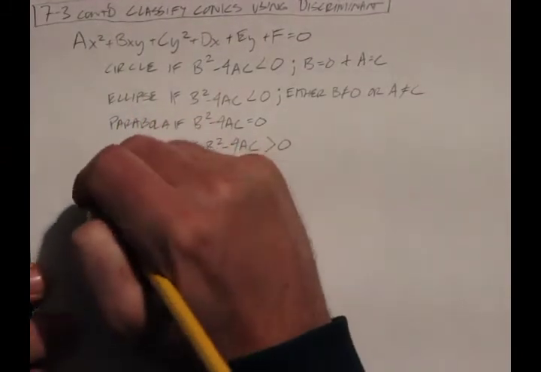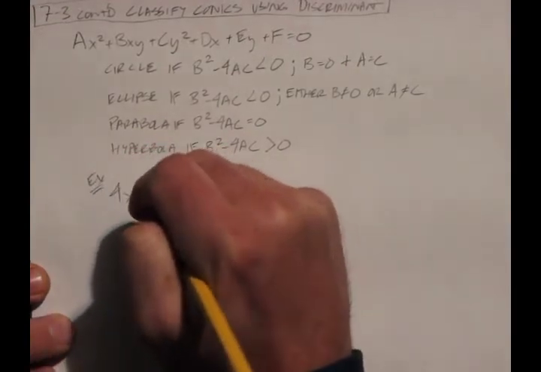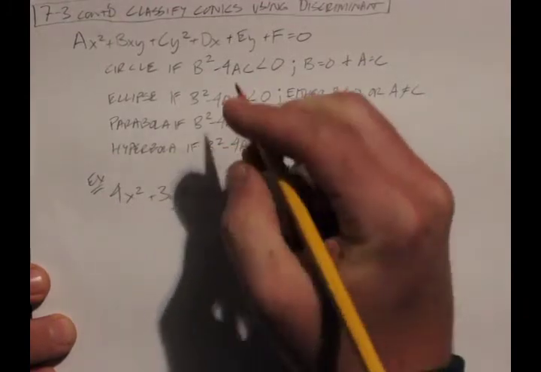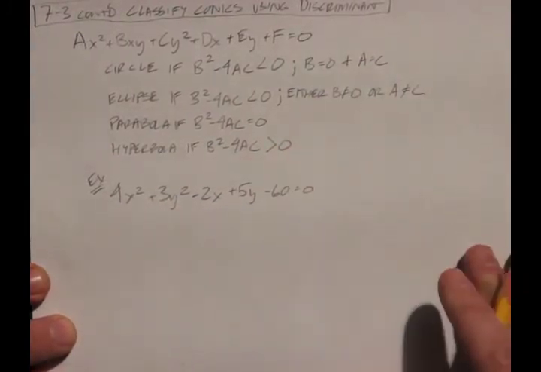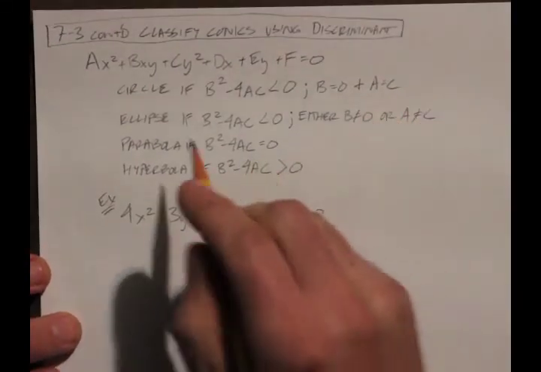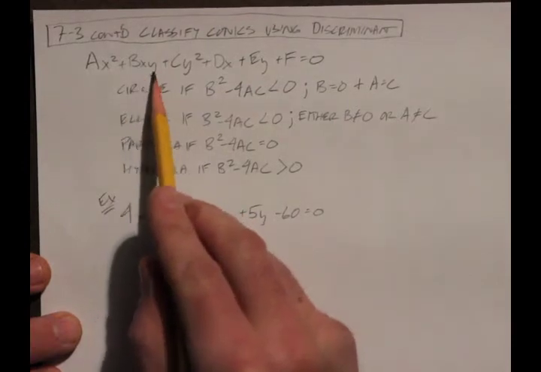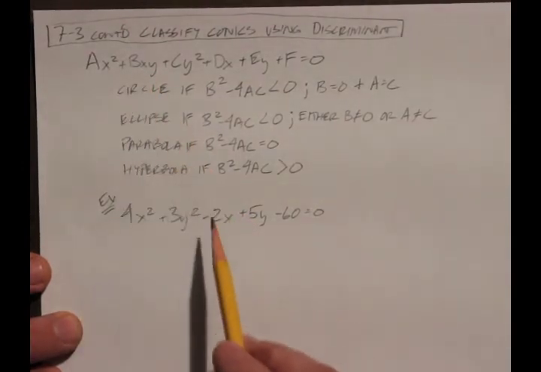So here's an example. 4x squared plus 3y squared minus 2x plus 5y minus 60 equals 0. Now if I look at my form up here, I see I'm missing my xy. That goes with my b value.